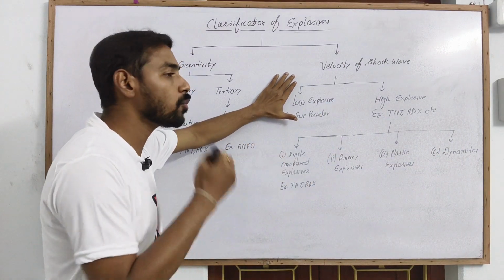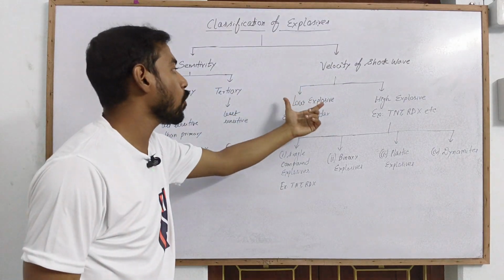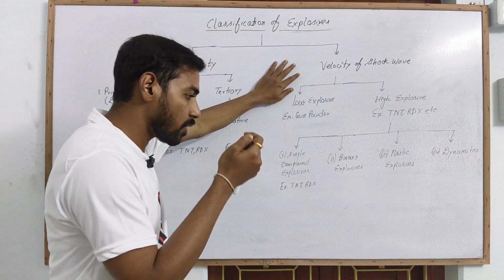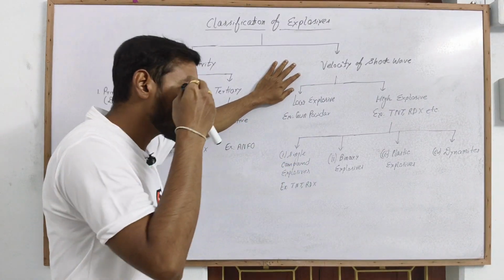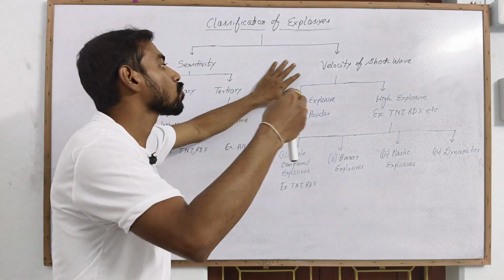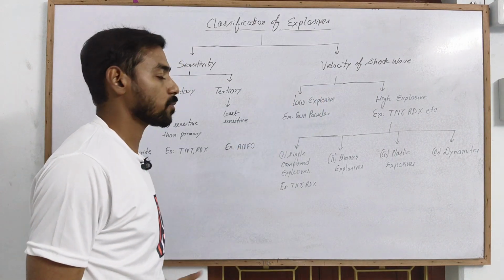The shock wave goes slowly, not like a supersonic sound that just passes by. So the blast does not happen suddenly, and the shock wave travels at a slower rate. That will be low explosive.